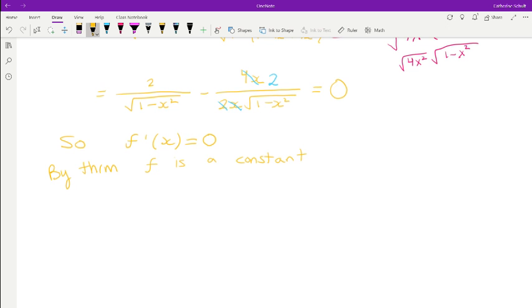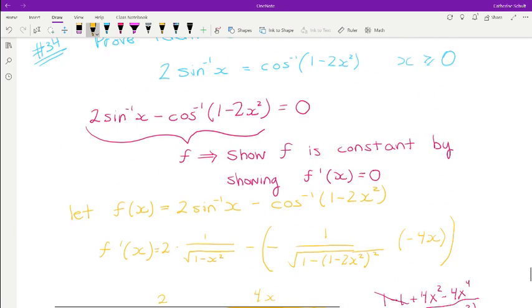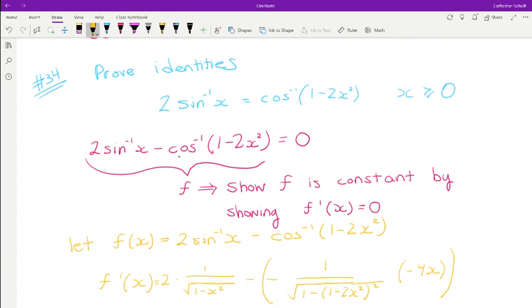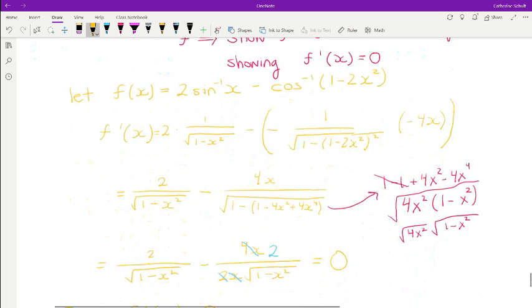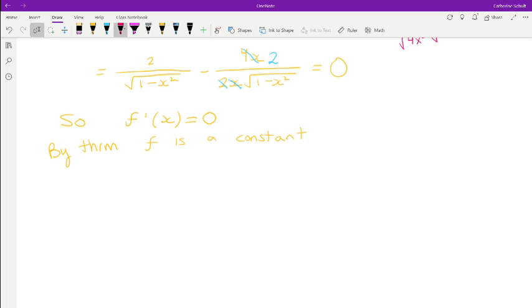All right, so that was the first part. That was our strategy. We wanted to show that this was constant, and we did. Now we have to show that that constant is 0. So we're almost done.